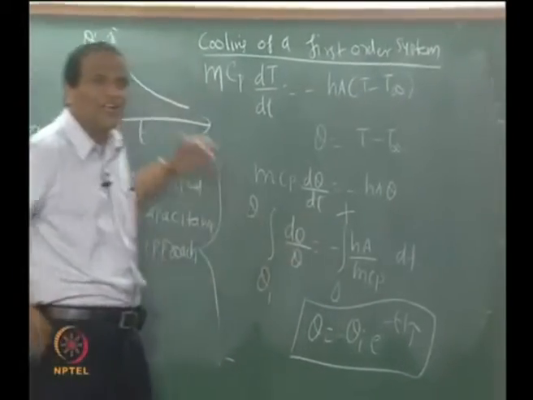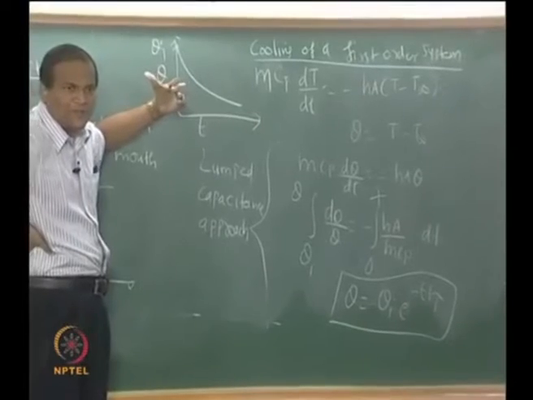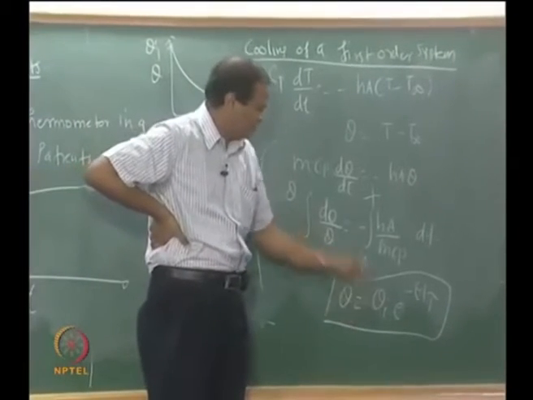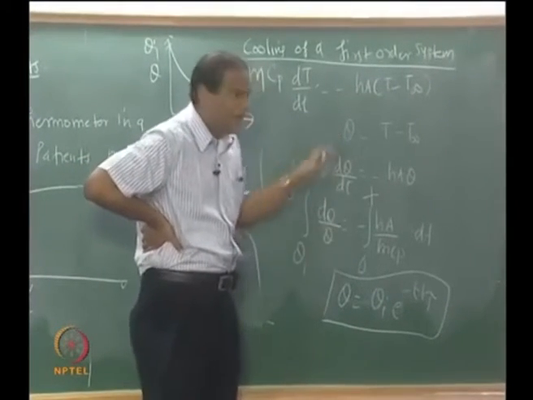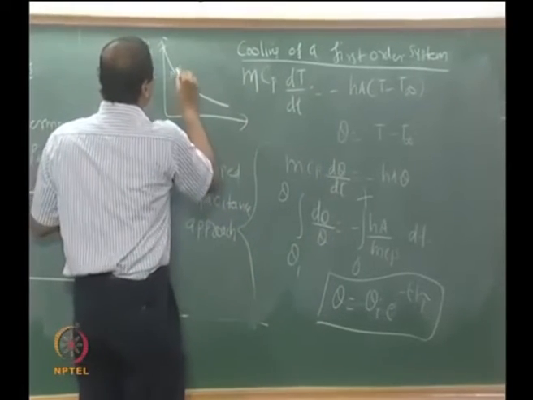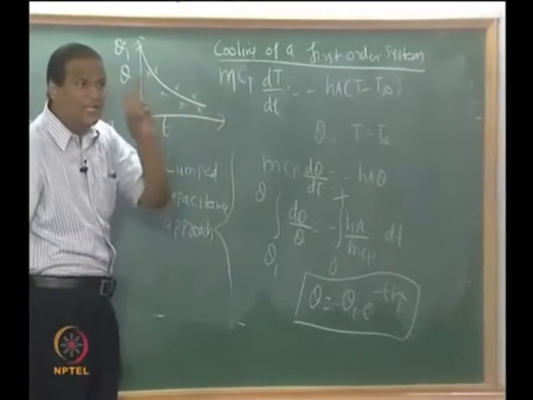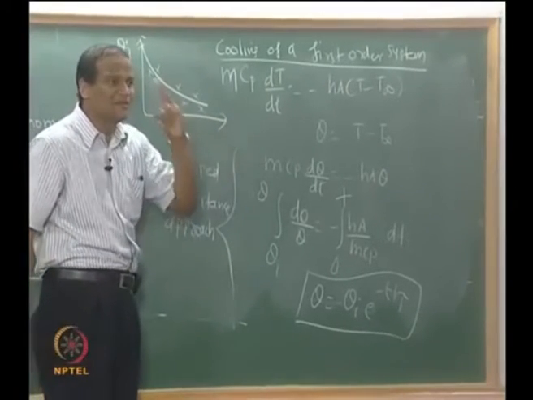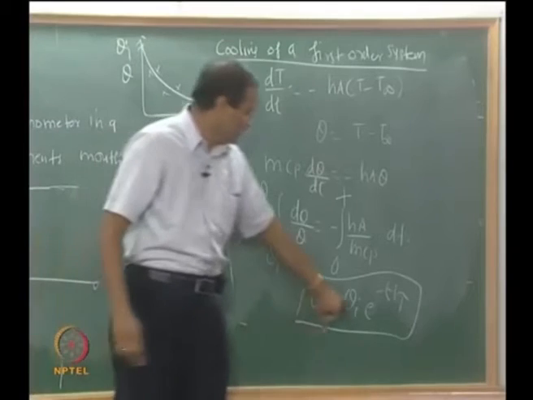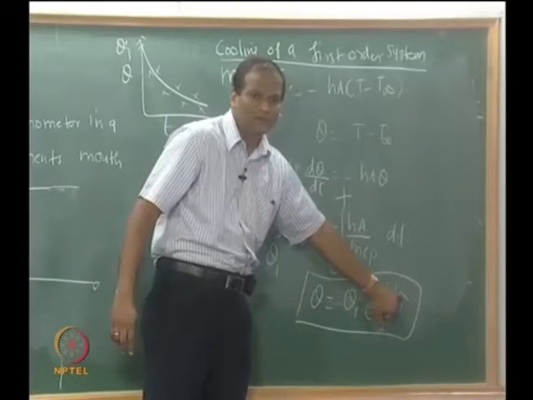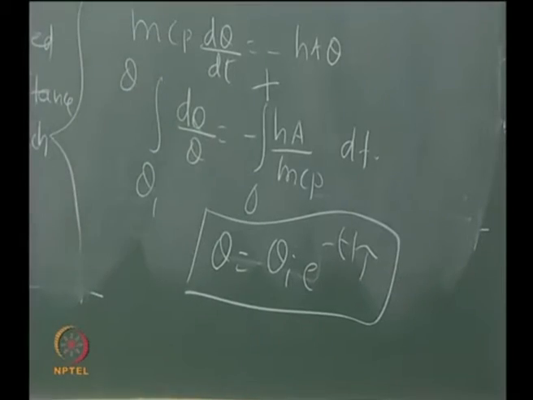So if you conduct unsteady heat transfer experiments, if you know theta I, then you will get theta as a function of t. You can get some experimental points like this. It is possible to treat this as a first order system with two unknowns, theta I and tau, and now you can solve for theta I and tau.